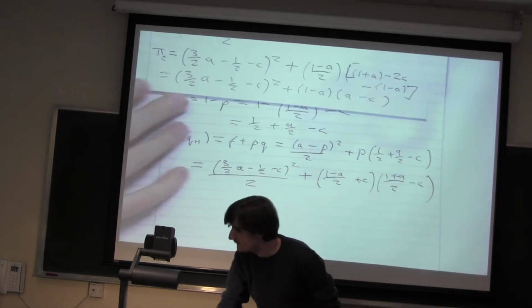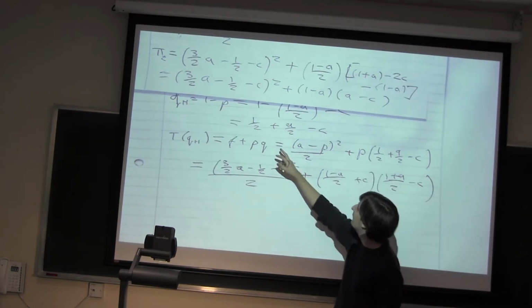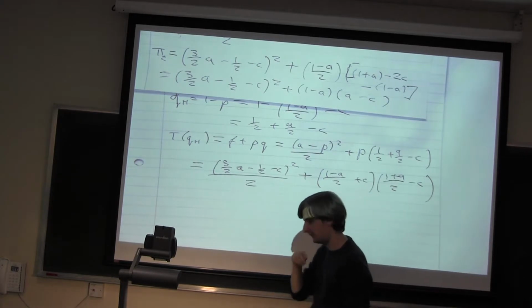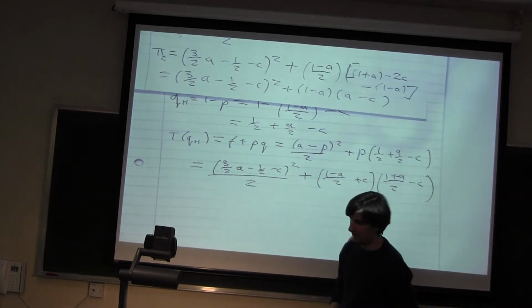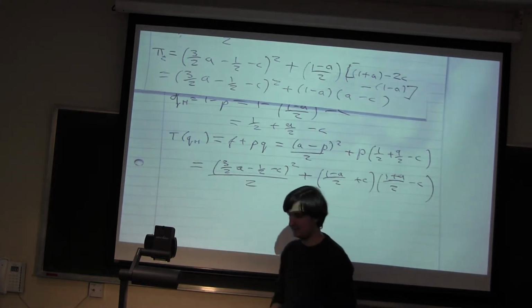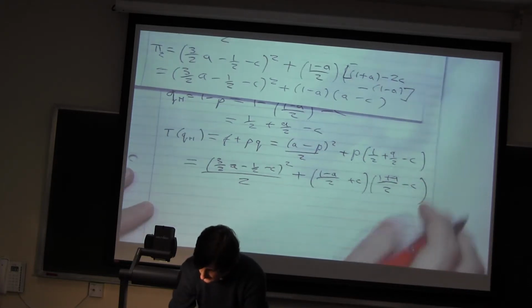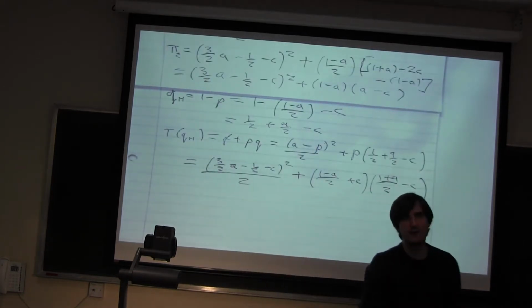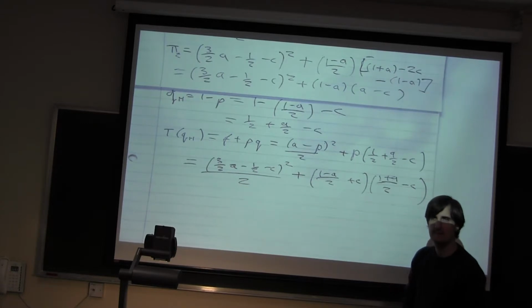You pay this total amount, a slightly messy expression, for this total quantity. So what we want to know is the surplus the high types get from consuming this bundle.